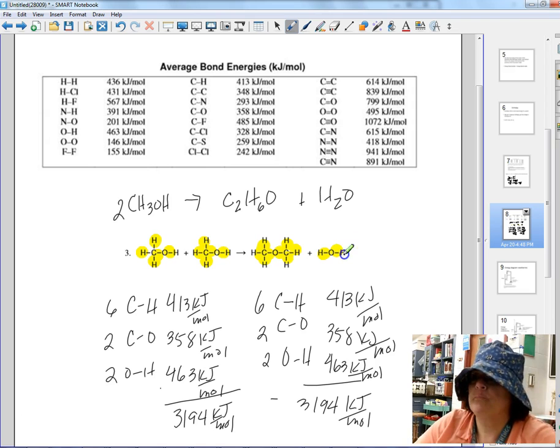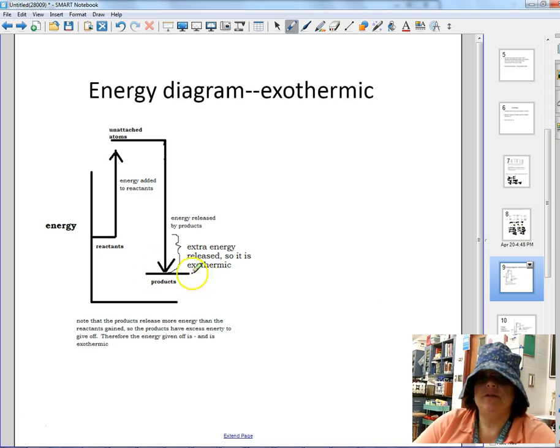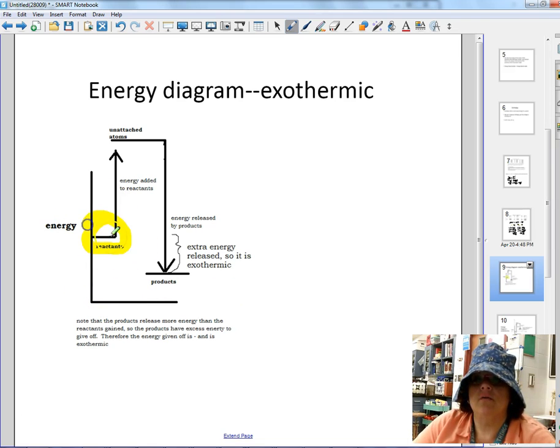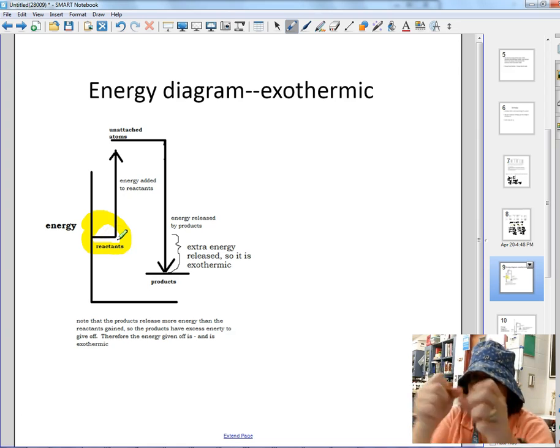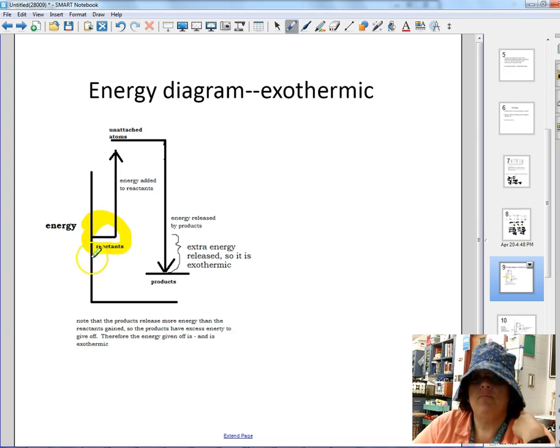Okay? Here's a diagram. This is in your notes, but this is a little bit different. If you think of this as energy here, and this is time, if our reactants are right here, and we put energy in and start breaking those bonds. Okay, we've put a lot of energy in. We get up here, at this point, they're all atoms whirling around.